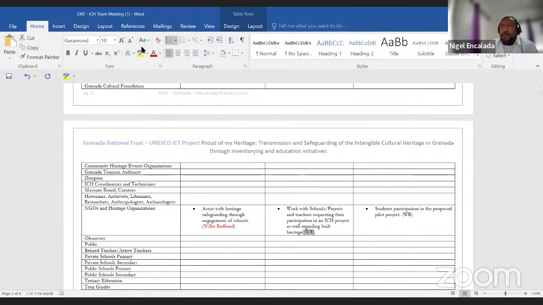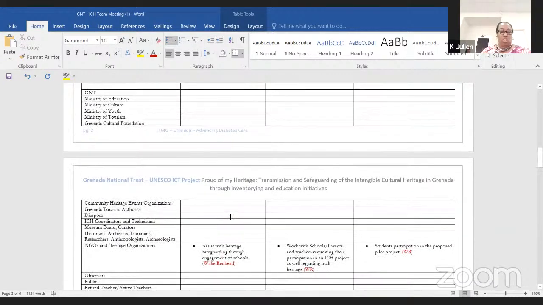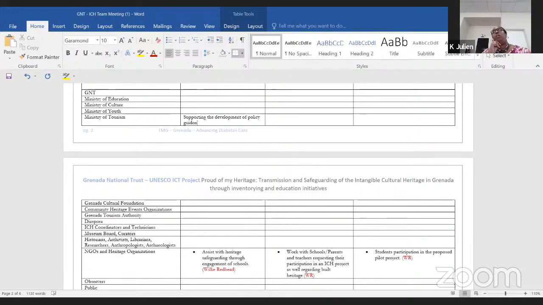Well, basically, in terms of the little assignment that we were asked to do, on the practice, I put us as the ministry as having a supporting role in policy guidelines. And also, the ministry can create a linkage with our community tourism policy framework, which we are currently in the process of developing.